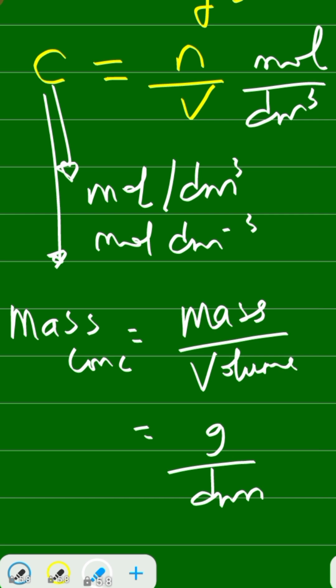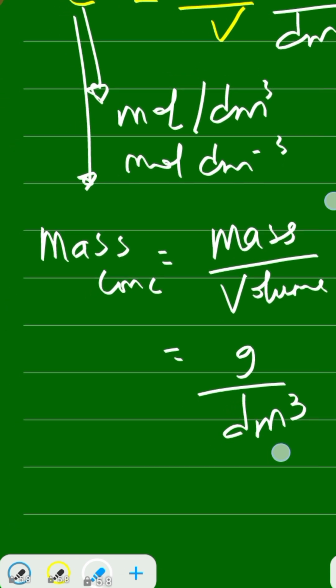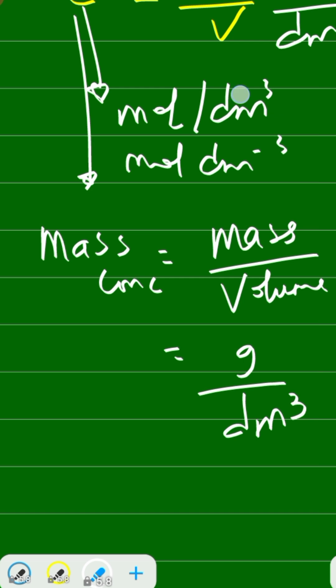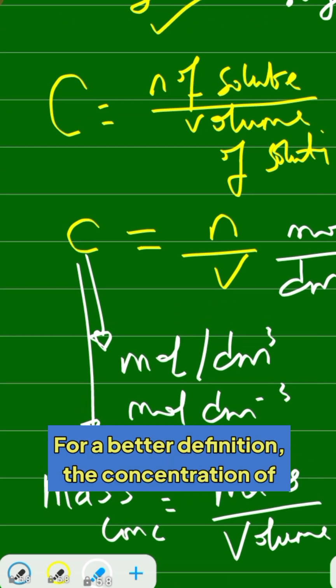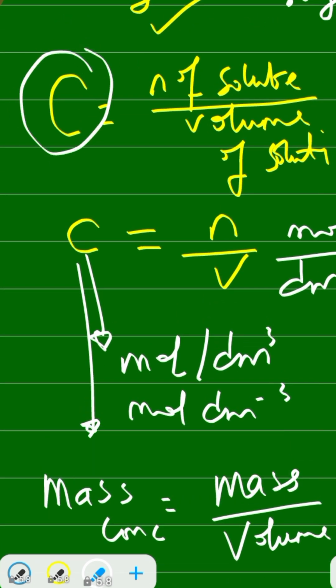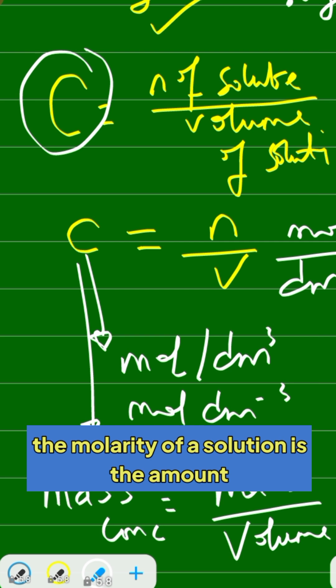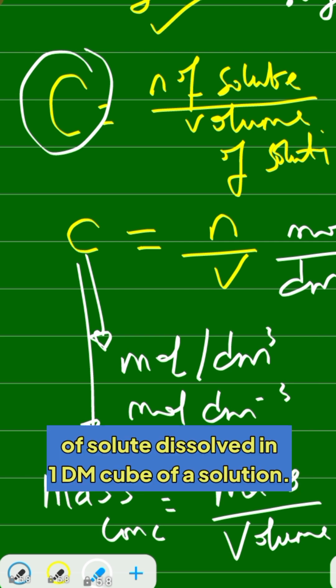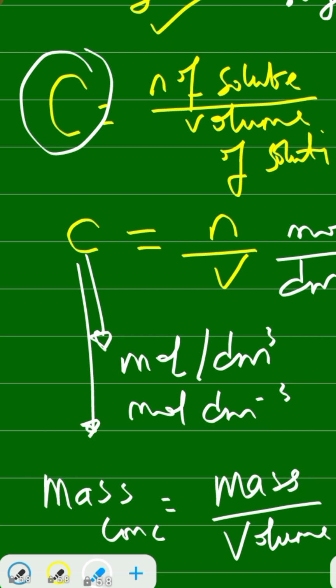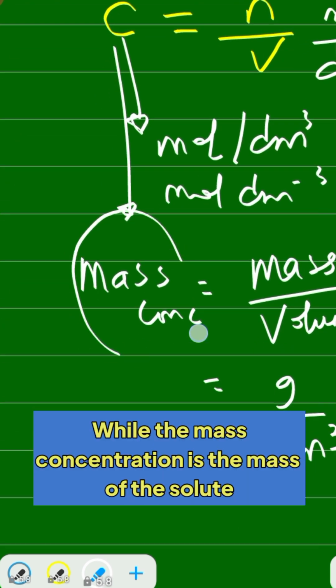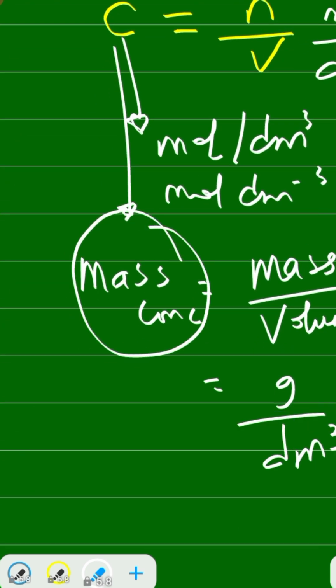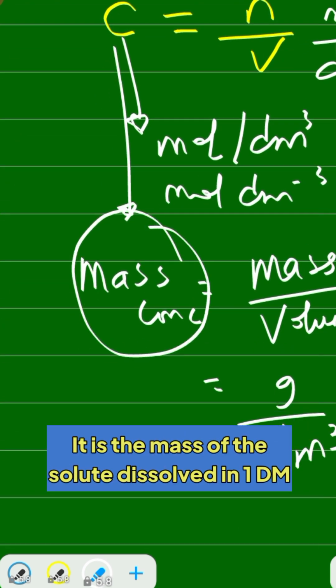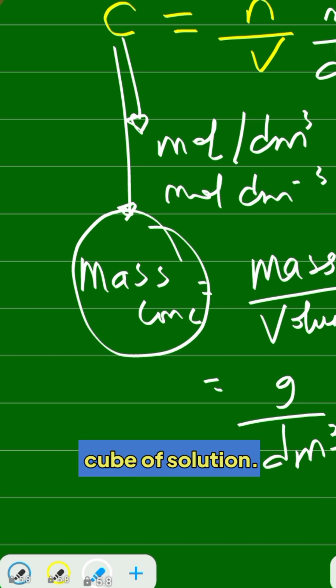So the unit of mass concentration is grams per dm cube. For a better definition, the concentration or the molarity of a solution is the amount of solute dissolved in 1 dm cube of a solution, while the mass concentration is the mass of the solute dissolved in 1 dm cube of solution.